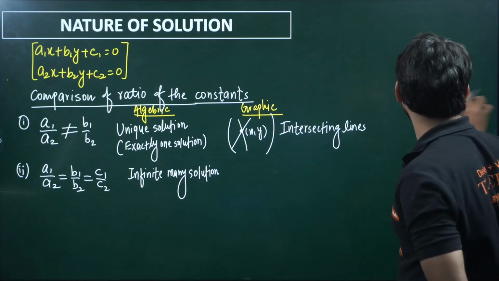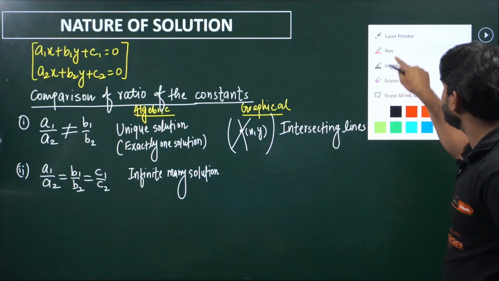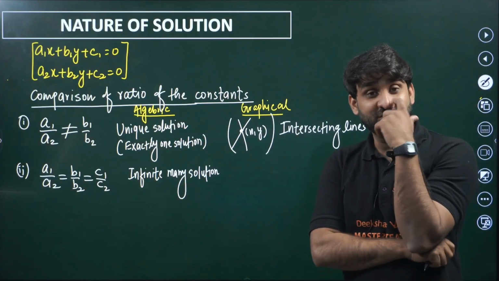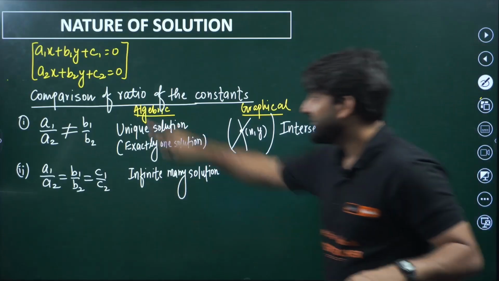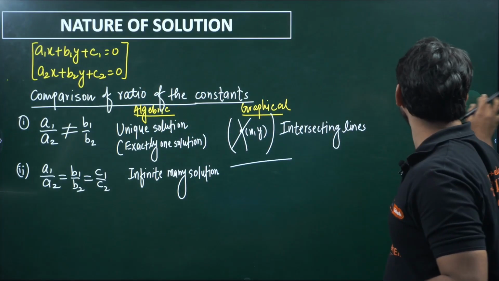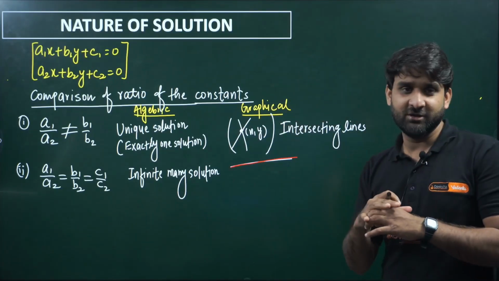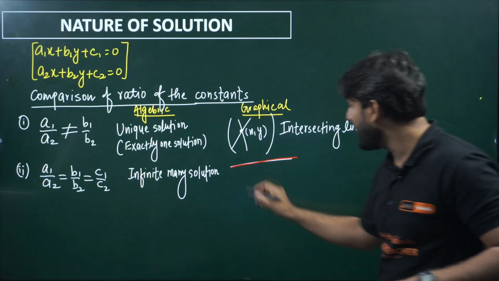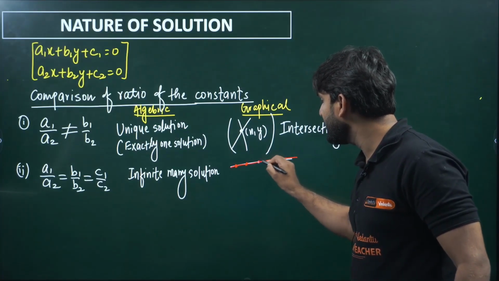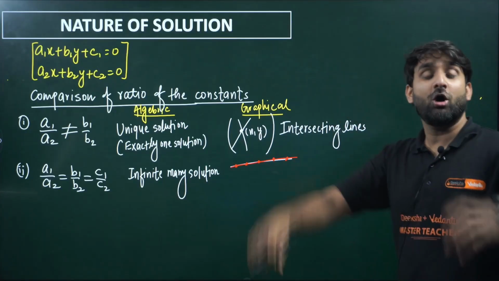But if we talk about graphical, so this is graphical, not graphic. My dear champion, if I ask you infinitely many solutions, what do you understand by it? It indicates that this straight line and this straight line will be overlapping each other, the second line lying on the first line, because here x and y will be satisfying both equations.